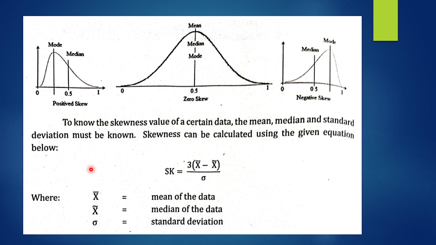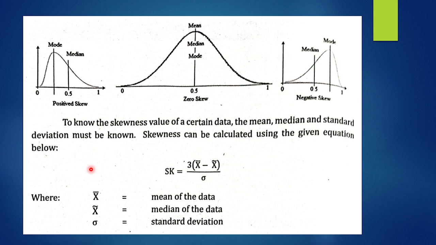Take note, the mean, the median, and the standard deviation should be known in order for us to know the skewness of certain data. Now, skewness can be calculated using the given equation below.